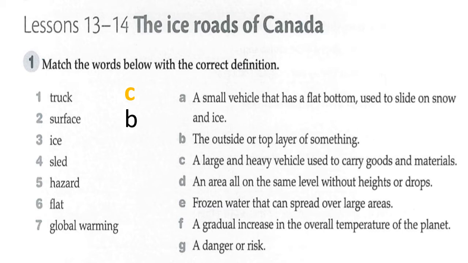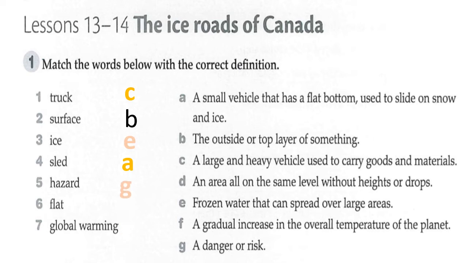B. The outside or top layer of something. Number 3, ice. Exactly. E. Frozen water that can spread over large areas. Sled. Number 4. A small vehicle that has a flat bottom used to slide on snow or ice.